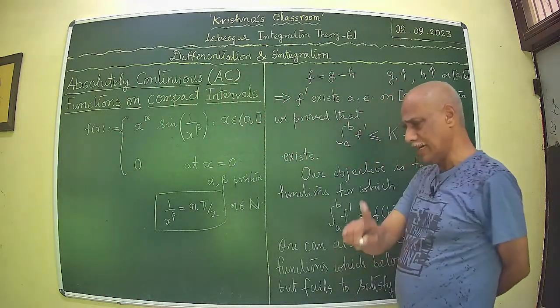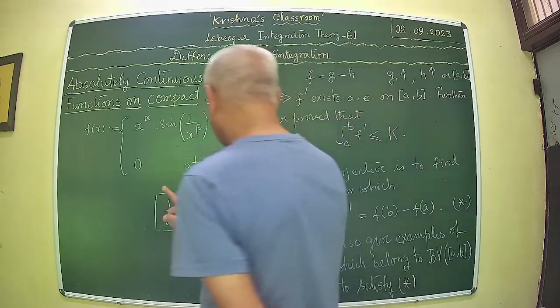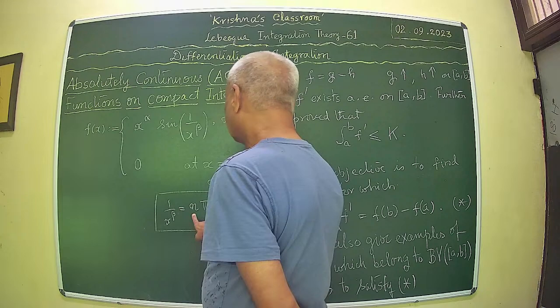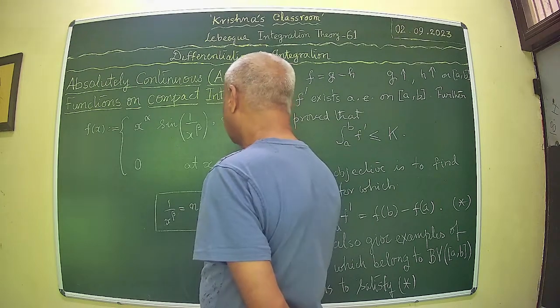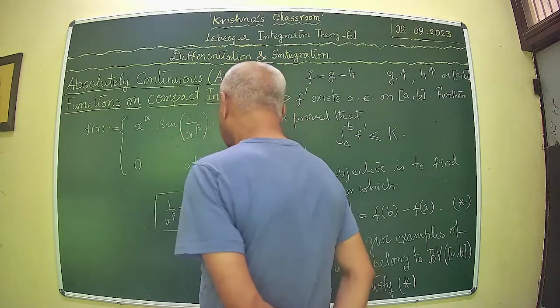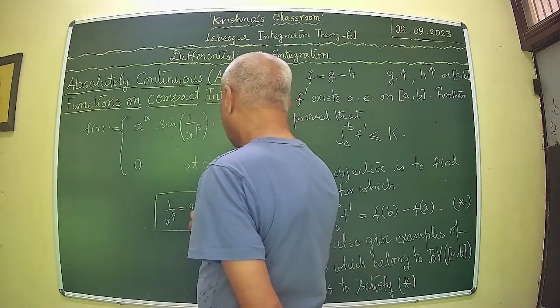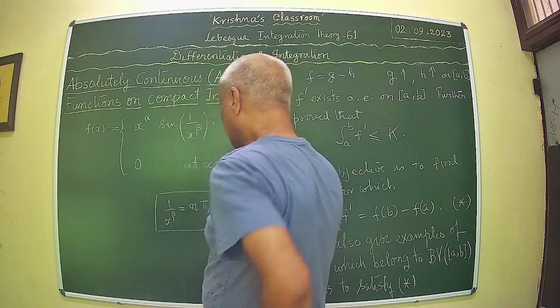So they take values, say at n equal to 1, it is going to be pi by 2, so you get sin pi by 2. At n equal to 2, you will get 0. At n equal to 3, you are going to get minus 1.